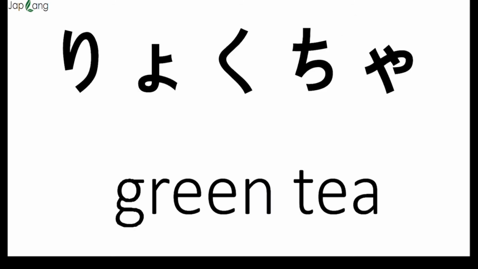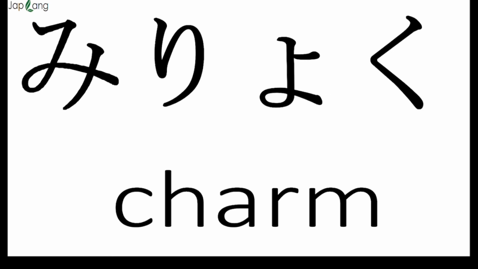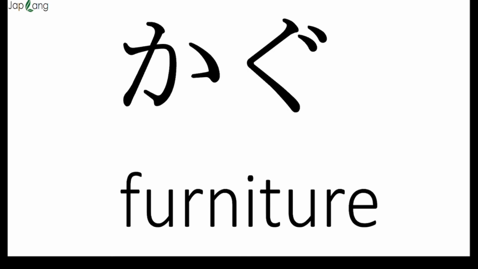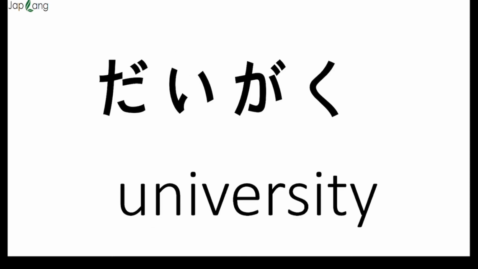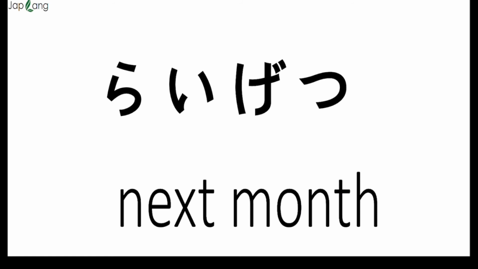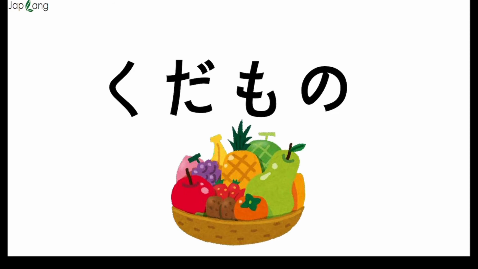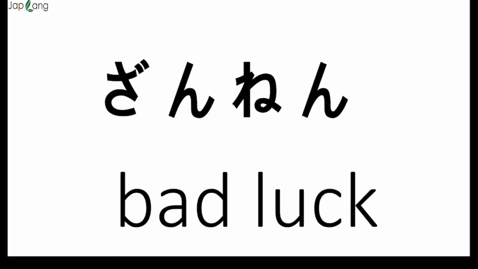Ryokucha is green tea. Miryoku is charm. Ban is night. Kagu is furniture. Daigaku is university. Raigetsu is next month. Gogo is PM. Kudamono is fruits.